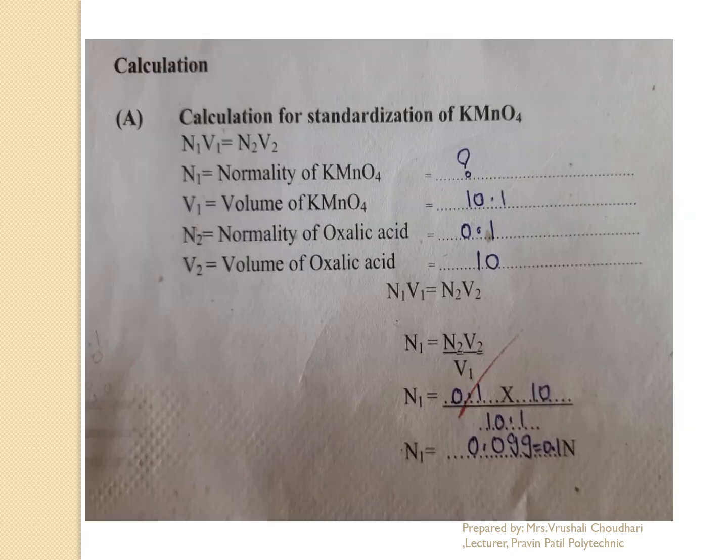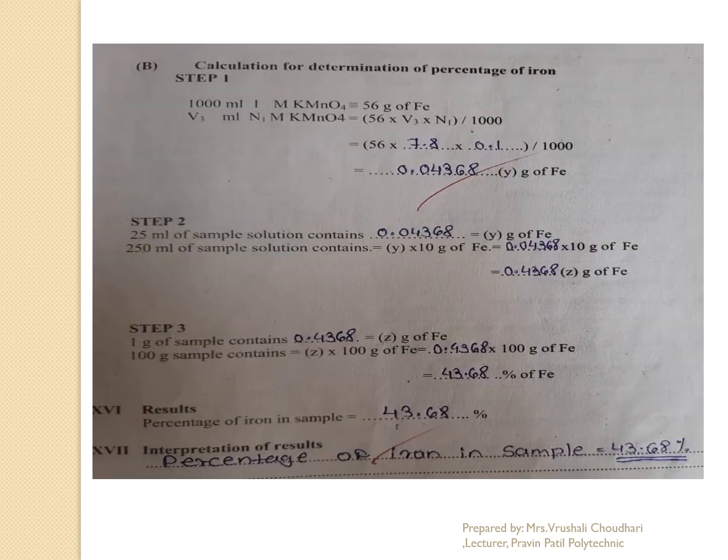We are going to calculate the KMnO4 normality, and then we are going to calculate how much percentage of iron is present in a given sample by using this formula. Okay, you are going to write an interpretation of how much iron is present in the given sample.